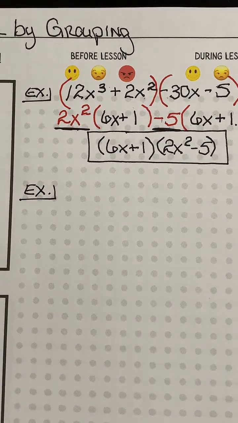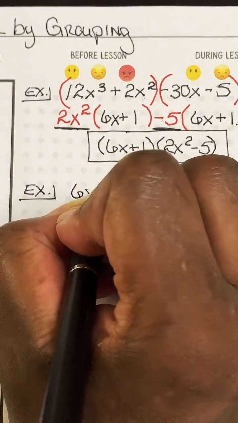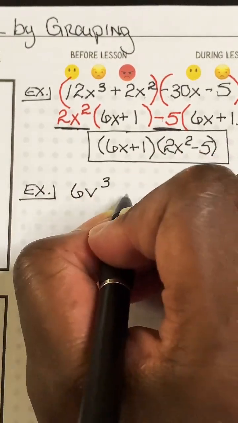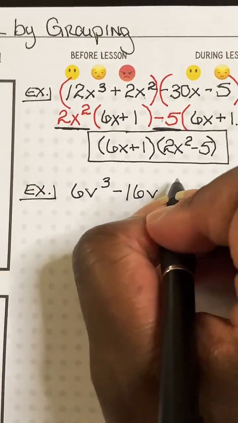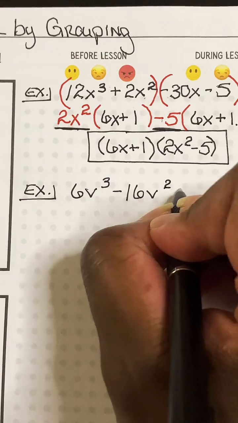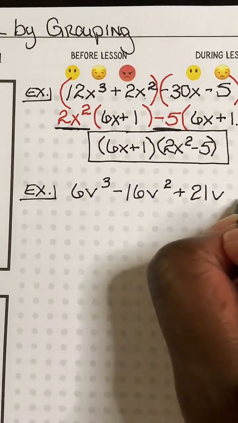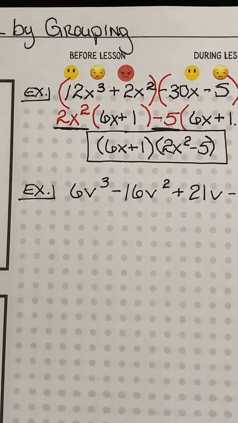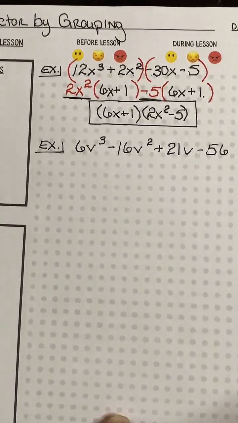All right, so let's see if we can do this next one. I don't want to get too far off. So 6v cubed minus 16v squared plus 21v minus 56.